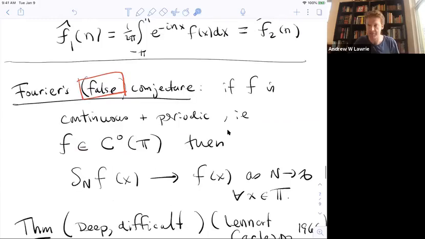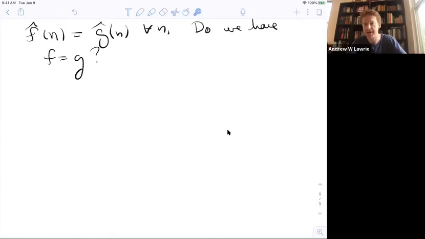So for the theorem, we add some additional information about f. Let's pretend Fourier gave us his conjecture and we're trying to prove it. Let's start by restricting to the class of continuous functions on the torus.